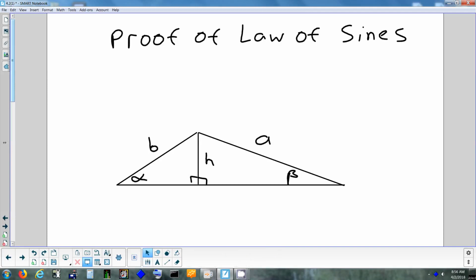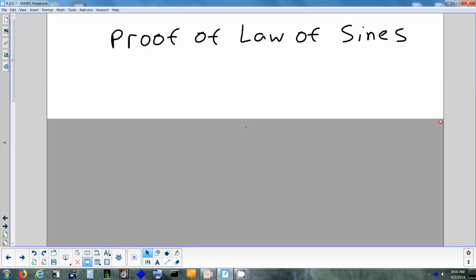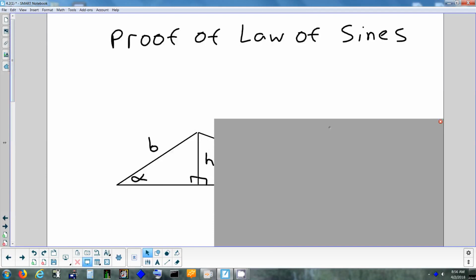And what I'm going to do is look at this picture 2 times. I'm going to block off what's on the right in a second, and we're just going to focus on the left side, and then we'll look at it the other way. Okay, so let's forget about what's on the right for now. Okay, so I'm focusing on that right triangle on the left. In that triangle, I have two sides named.